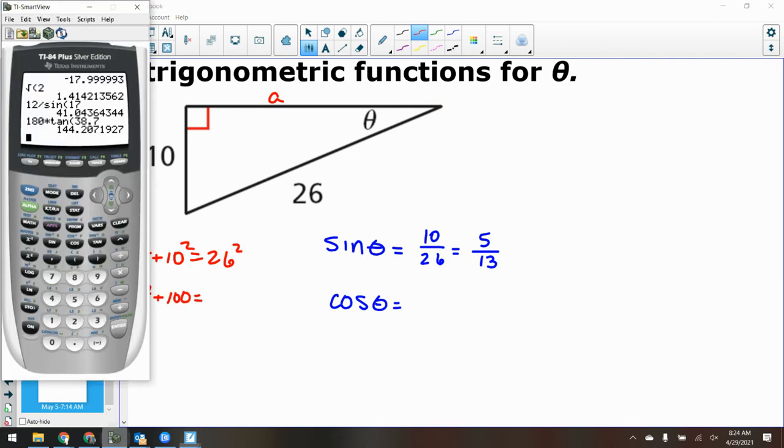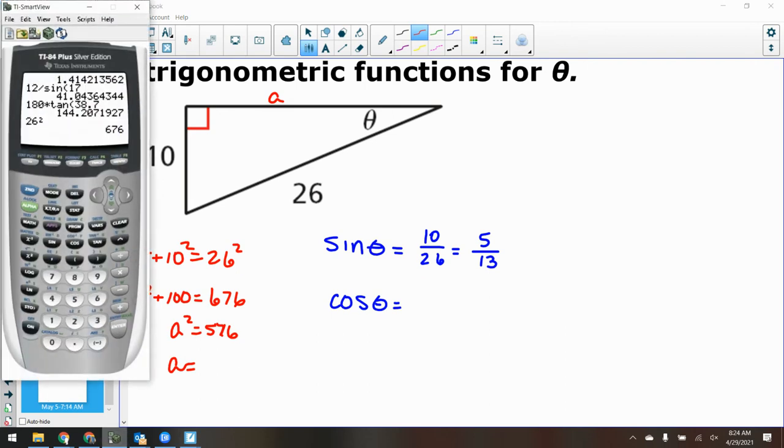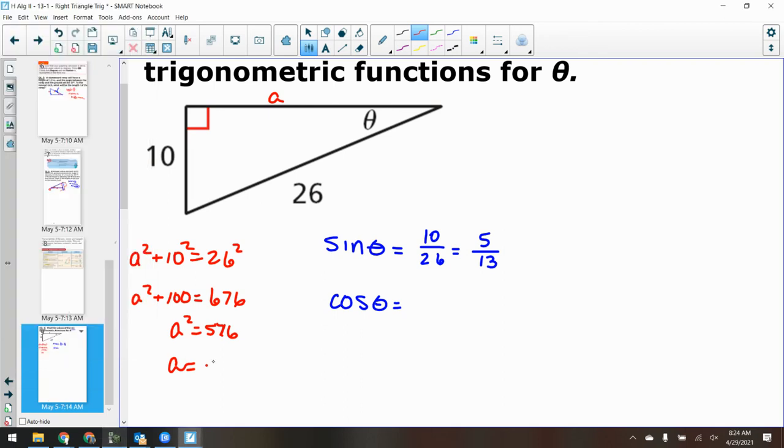Ooh, 26 squared, I don't know that one. Okay. 676. So A squared is 576. So let's see. Hopefully that's a nice even square root. Let's check. Let's hope. Let's go. 24.